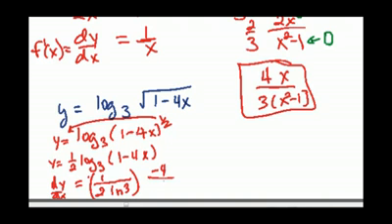Negative 4 over 1 minus 4x, so that becomes negative 4 and 2 can cancel a little bit, right, leaving you a negative 2 up top. So the final answer should be a negative 2 over ln of 3 times 1 minus 4x. Okay? Hopefully that's cleared things up.